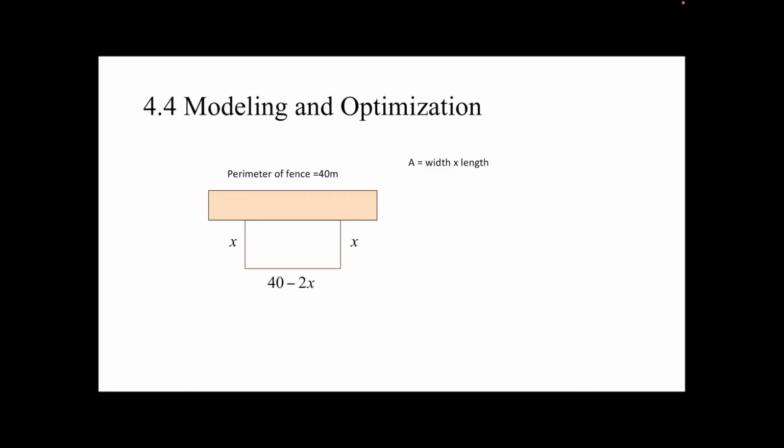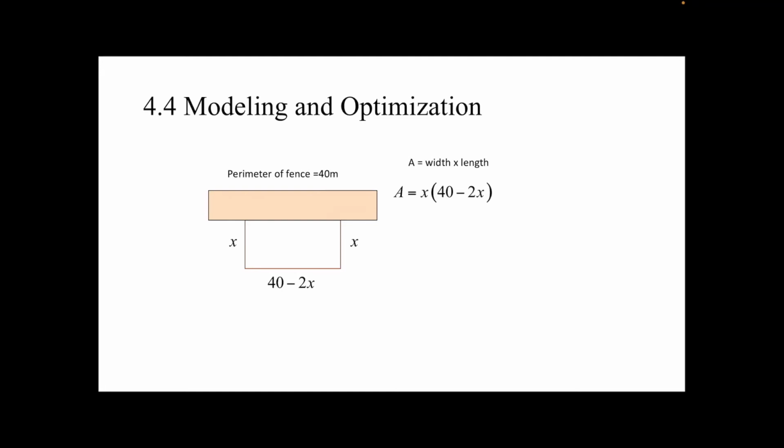Once I have my lengths and widths written in terms of one variable, x, I substitute these into my equation for the area. That means my area is equal to x times (40 minus 2x). From here, I want to find my maximum area.